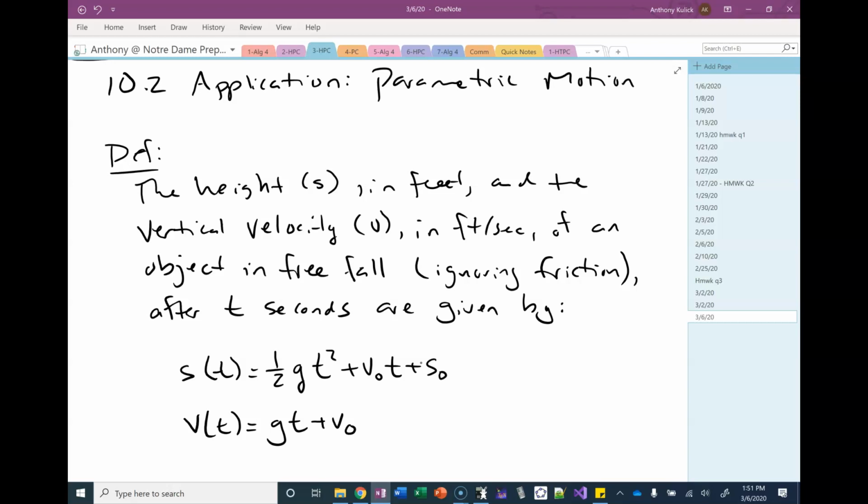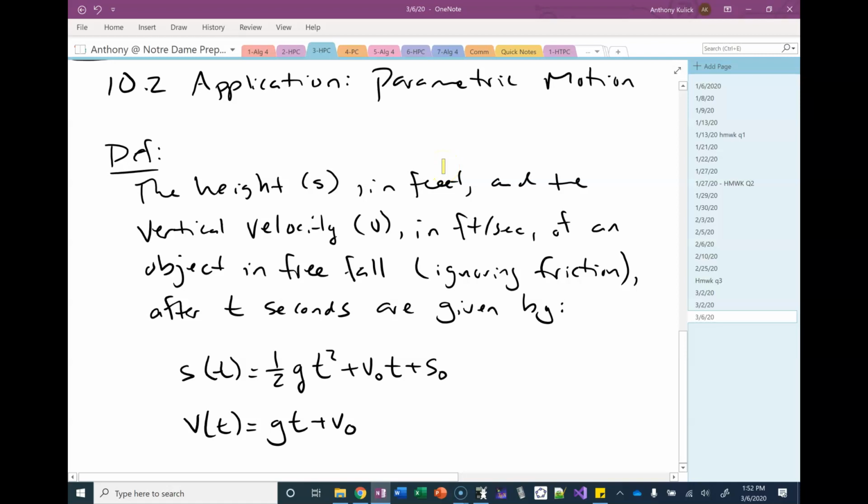So let's just identify what some of these other letters are here. What does g represent? Gravity. What is the value for gravity? Okay, -9.8. But remember the unit. Meters per second. What unit are we working in?